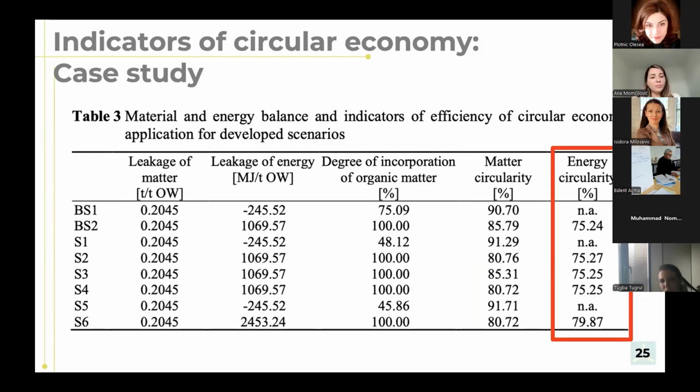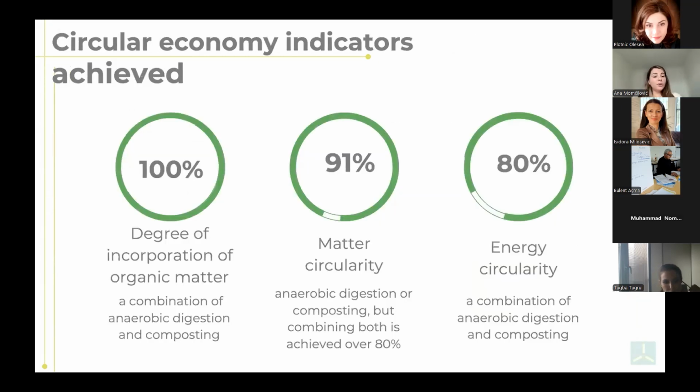When there is a combination of anaerobic digestion and composting, because composting is a less energy demanding process, you don't have to heat the substrates. You only need to transport it. There is a higher circulation of energy, up to 80%.